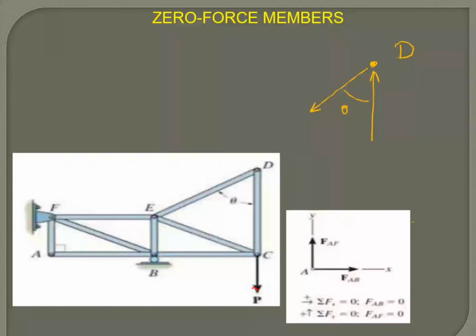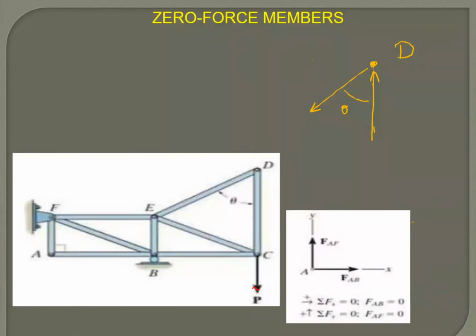So let me have my axis. That's my X, and this one is my Y. No, let me get it in another way so that would make sense. Yes. Let me draw it in another way so that it's a bit easy for you to understand.